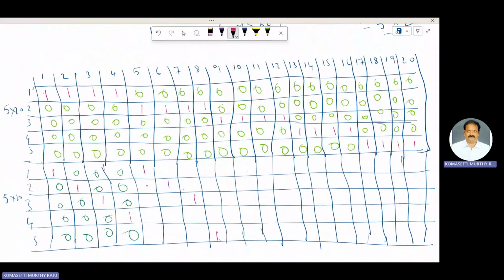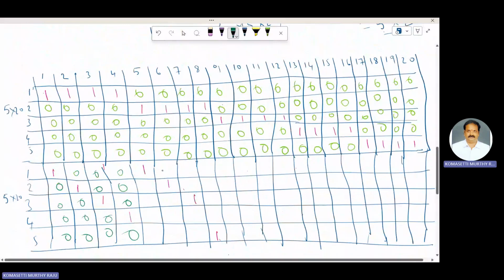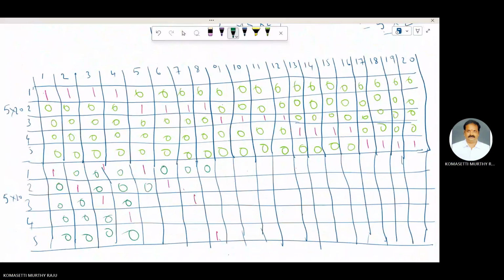The fifth column of the second submatrix contains a single one, sixth column, single one, seventh column, single one, eighth column, single one. These values are randomly chosen. The remaining all are zeros.